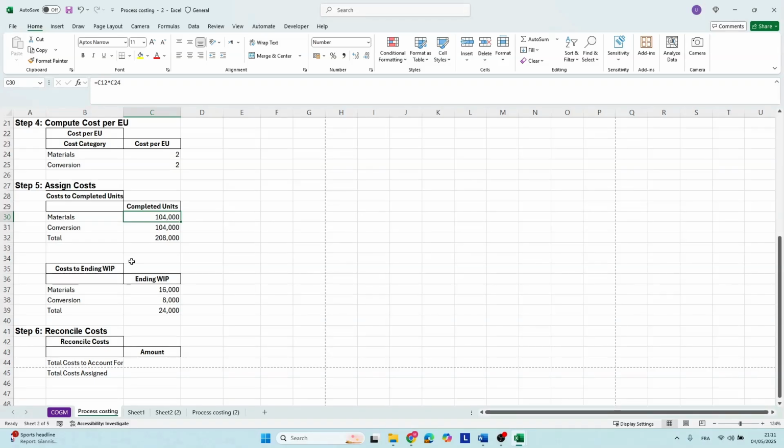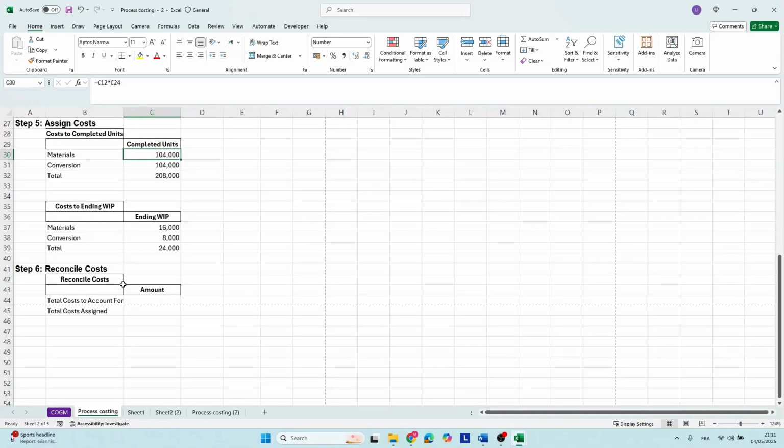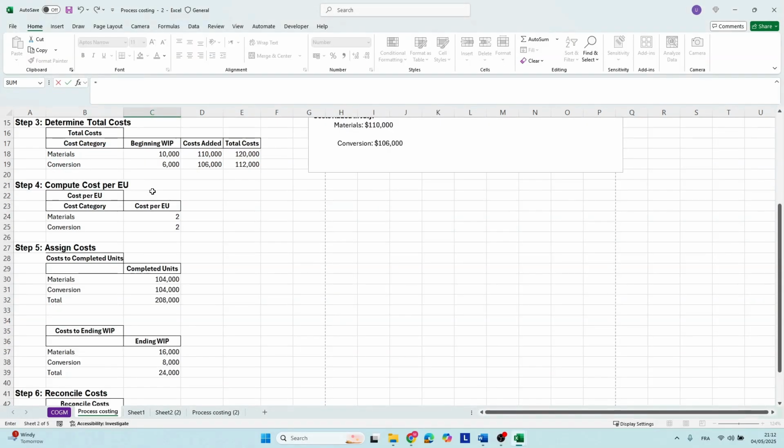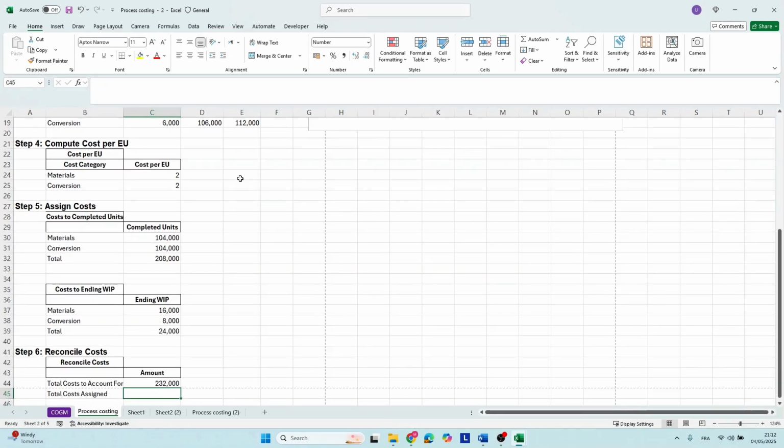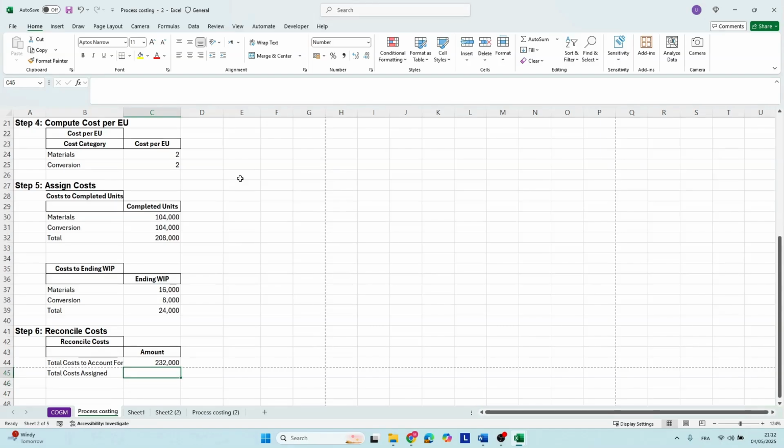Then finally, we go to step number 6, which is to reconcile costs. Here we need to calculate the total cost to account for, which is 120,000 plus 112,000 for conversions, and we get a total of 232,000.